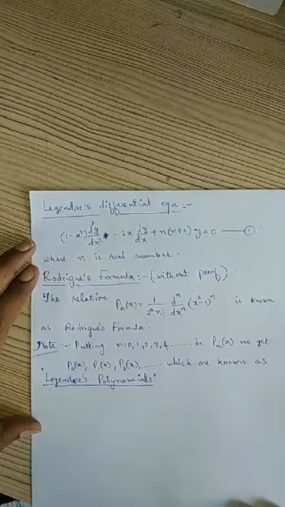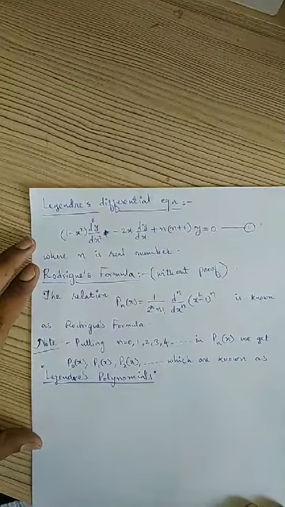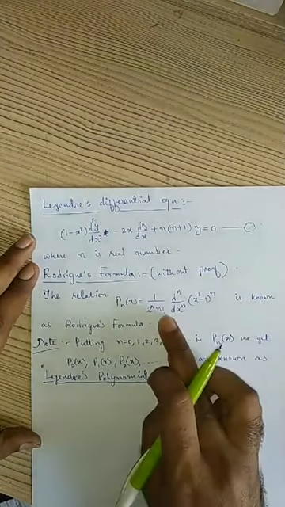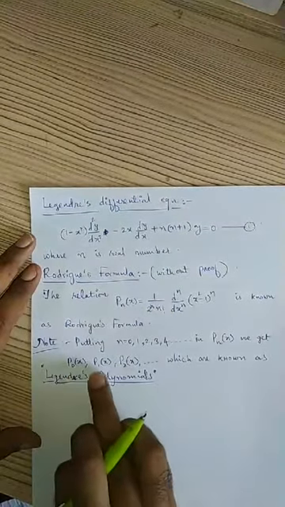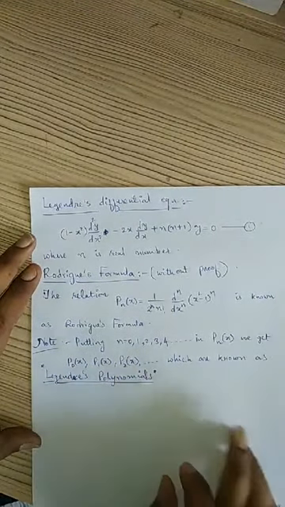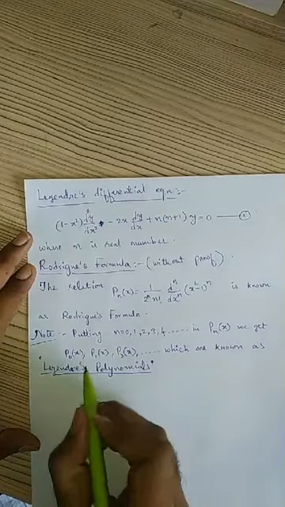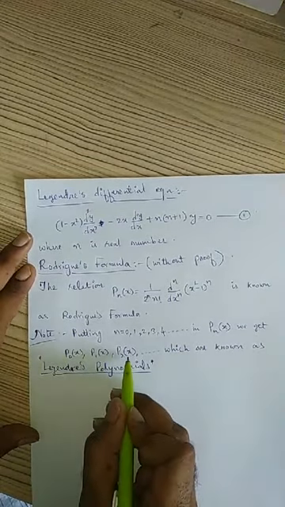So when we put n equals to 0, 1, 2, 3, 4 and so on in this formula, we get P0, P1, P2, P3 and so on. We will derive what P0 is, what P1 is, what P2 is and so on.